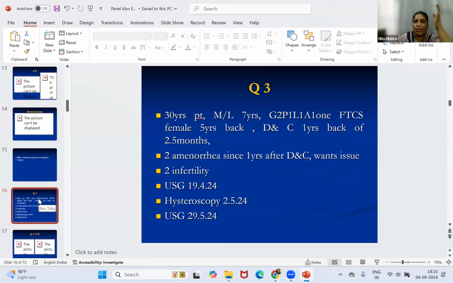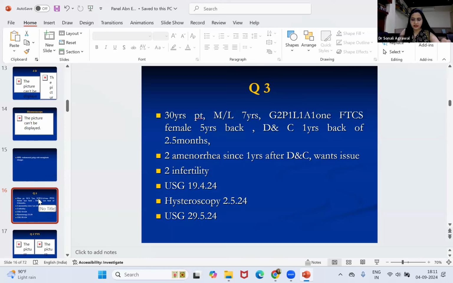If polypectomy is done and it comes out benign, it is a complete treatment, but she should be kept on follow-up. If it is malignant, then we should proceed accordingly. For postmenopausal bleeding, it is very clear that we have to do hysteroscopy and biopsy whenever we see a thickened endometrium, to rule out adenocarcinoma of the endometrium.